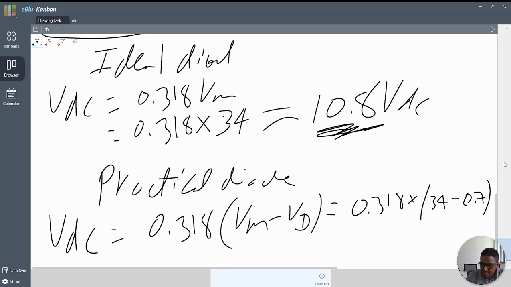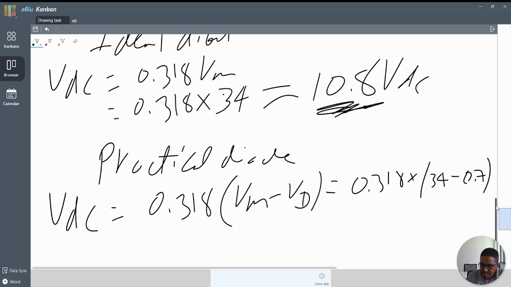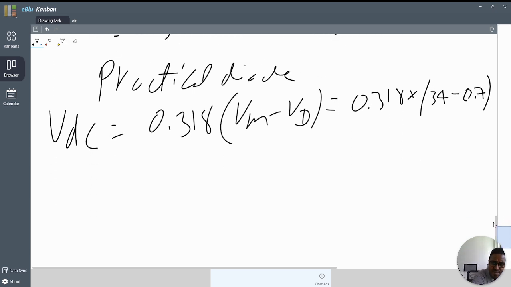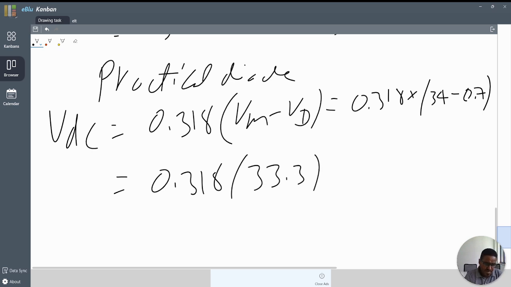This result, 0.318 times 33.3, is approximately 10.5 VDC.